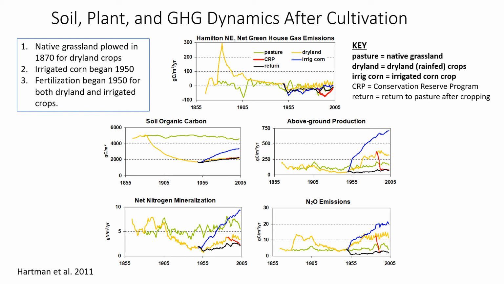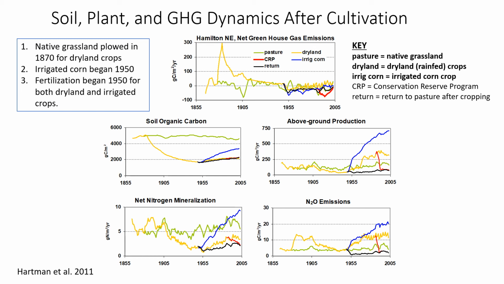So in this particular graph, the negative value for net greenhouse gas emissions is desirable because, from the perspective of the atmosphere, it's removing greenhouse gases from the atmosphere. So a negative value in this example is what we desire to see if we want to manage an ecosystem for reducing greenhouse gases.